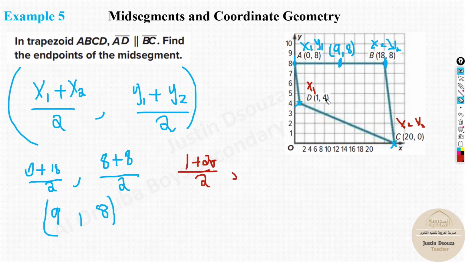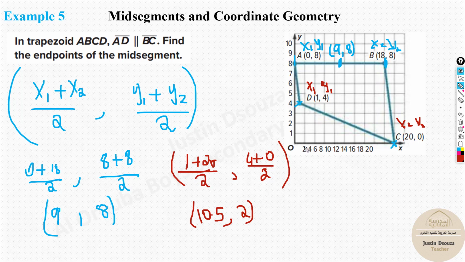So x1, y1. Now it's 4 plus 0 divided by 2. This is the substitution. 1 plus 20 is 21 by 2. It's 10.5. And 4 by 2 is 2. This would be the midpoint.